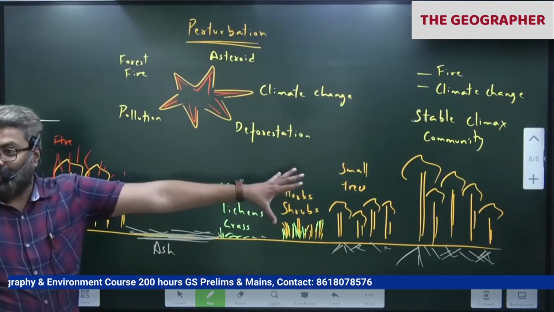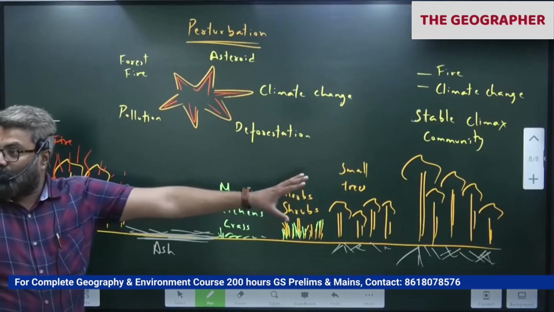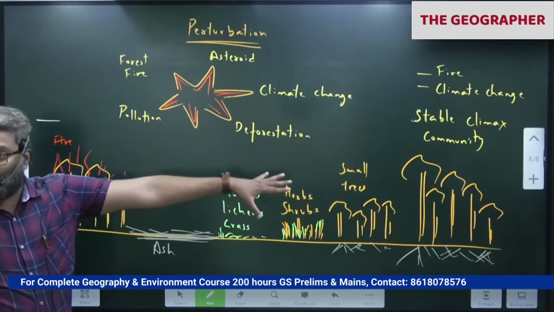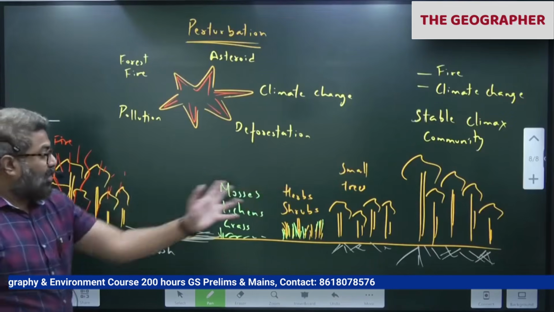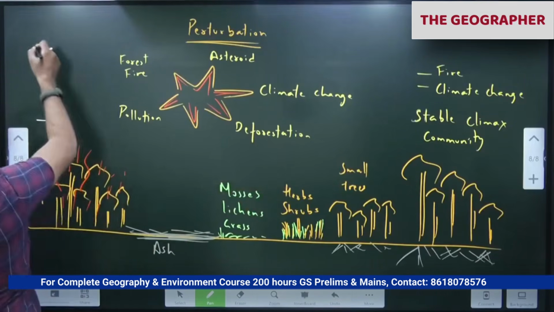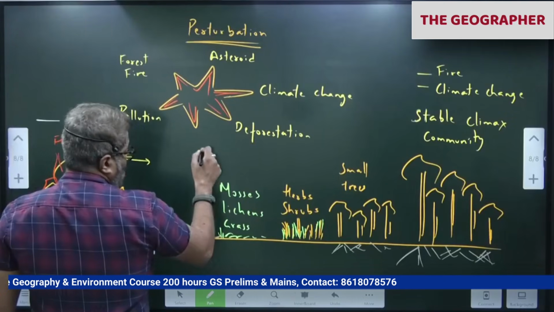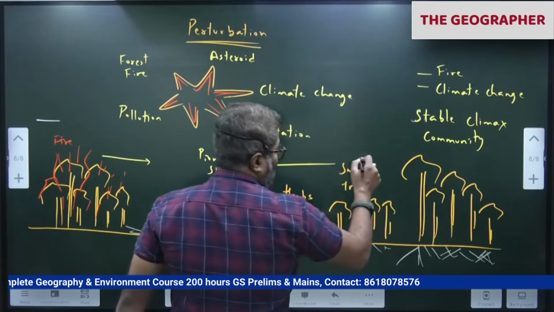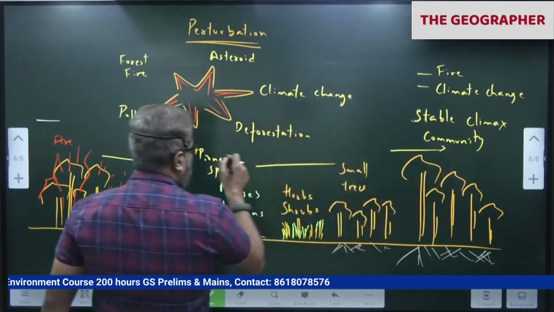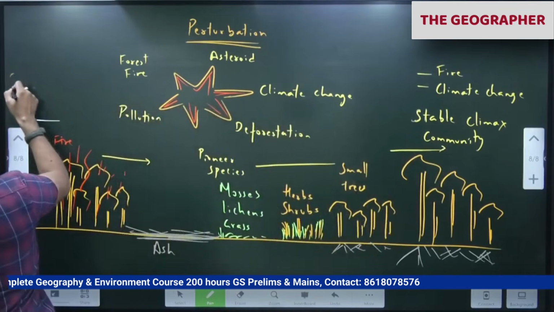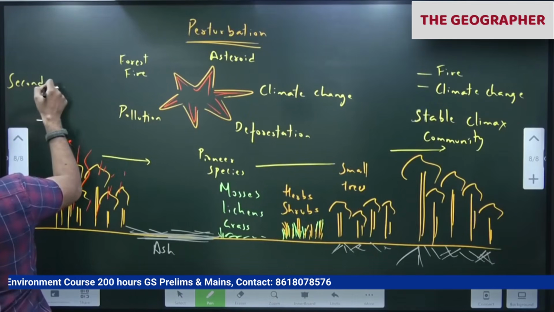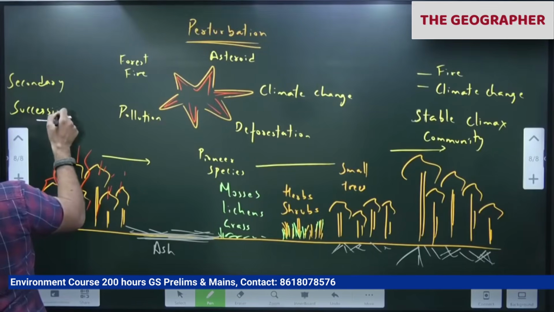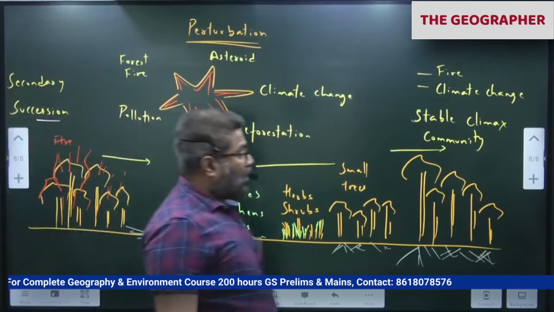They are more fire tolerant and capable of withstanding changes in the environment and climate. This progression from pioneer species again to the climax community is called secondary succession. Secondary succession.